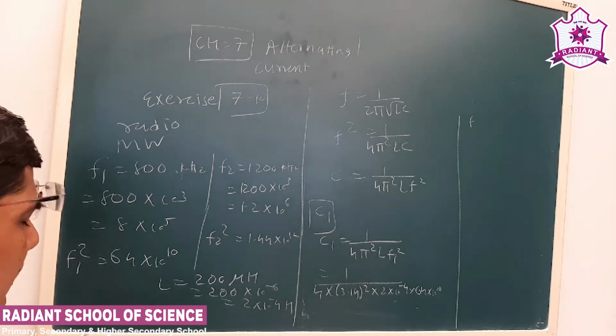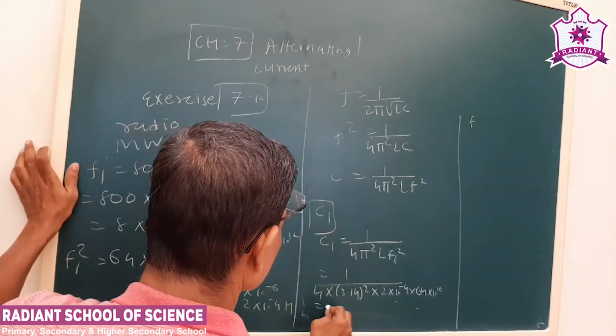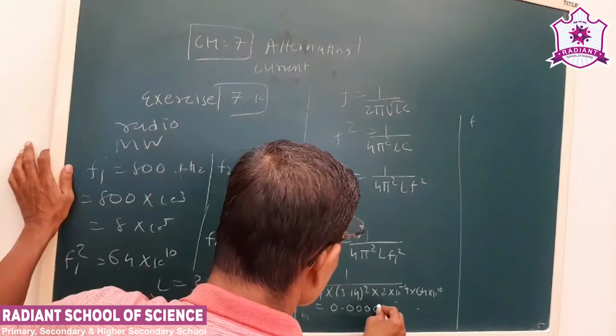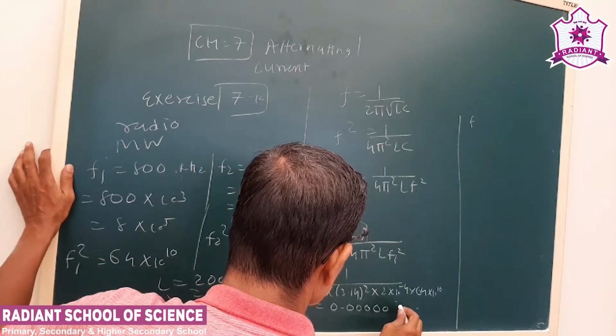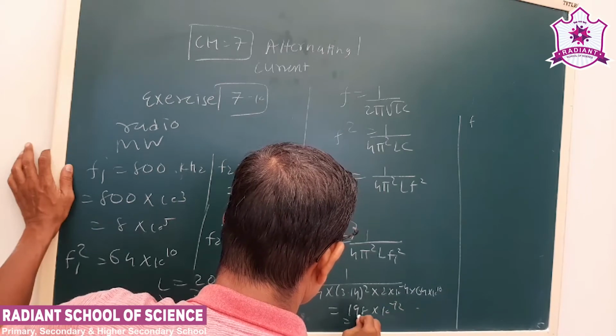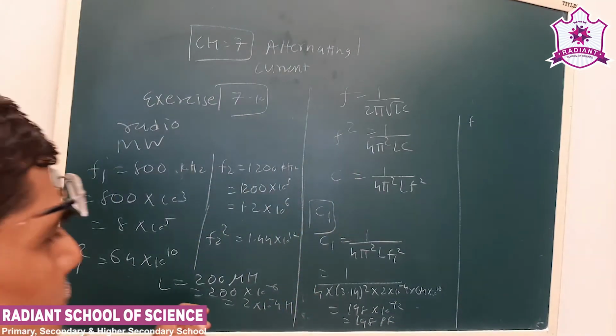Yes, that comes out to be 198 into 10 to minus 12, that is 198 picofarad. Now for the C2 value.